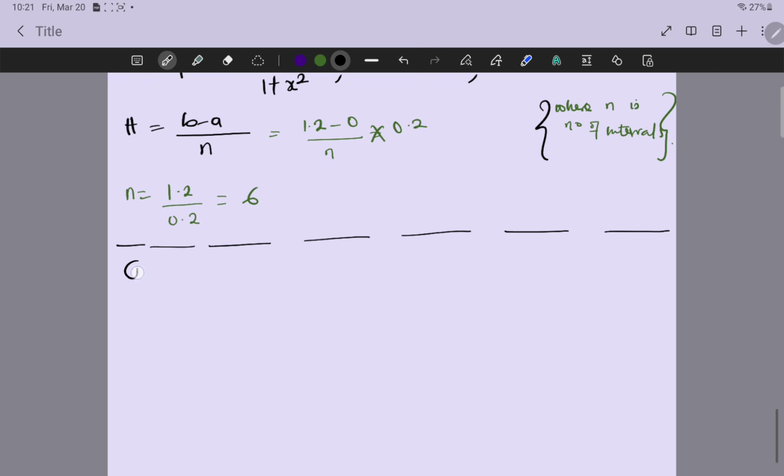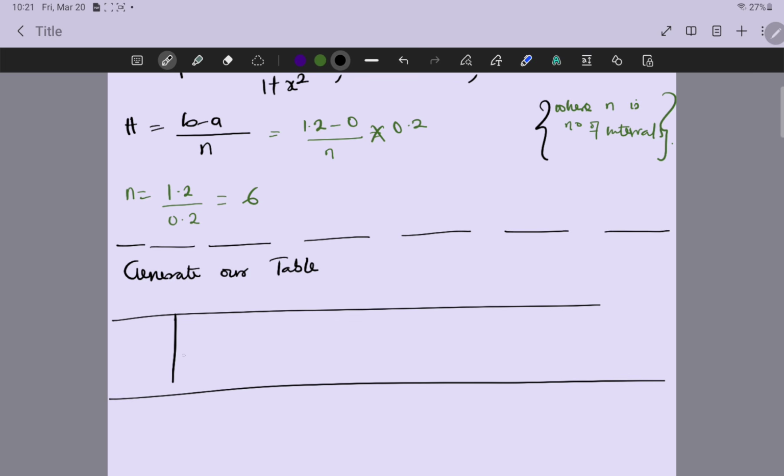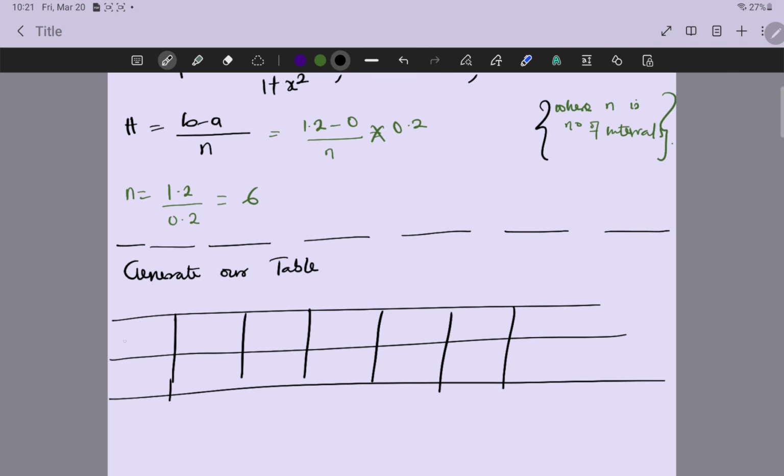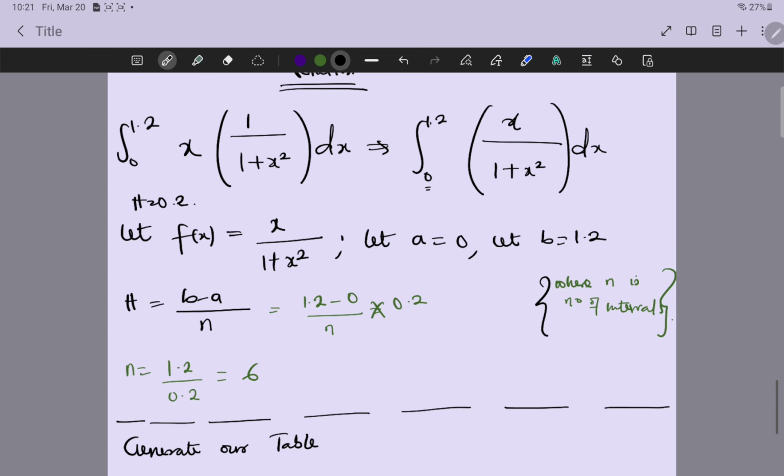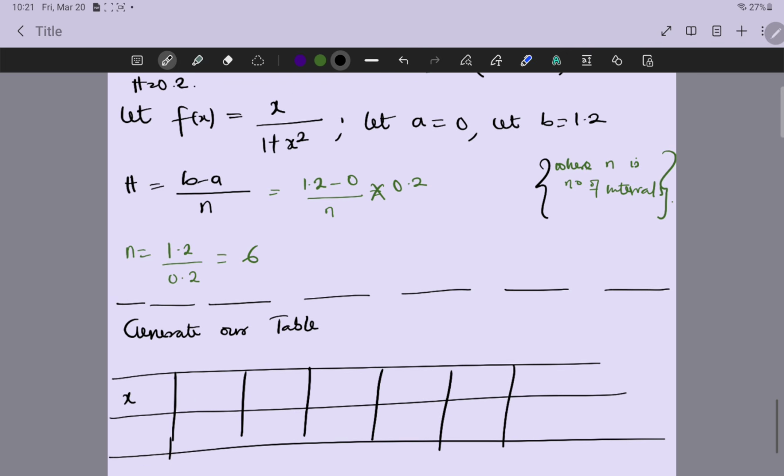So we then begin to generate our table. That's step 2. Generate our table by putting x and y. So x here, we're starting from 0, look at the integral, 0 to 1.2. So this is 0. What will be our next value here?